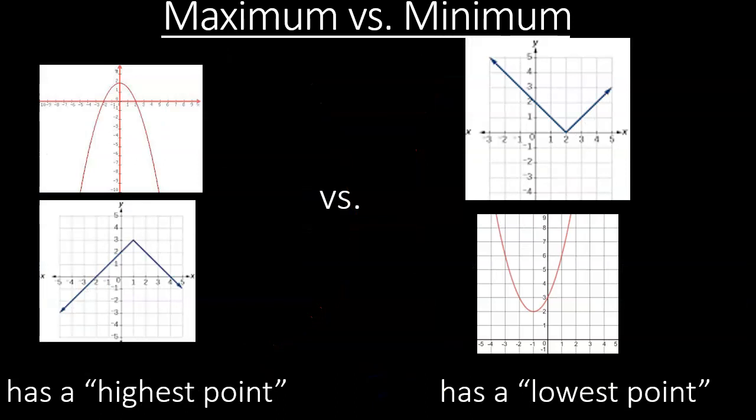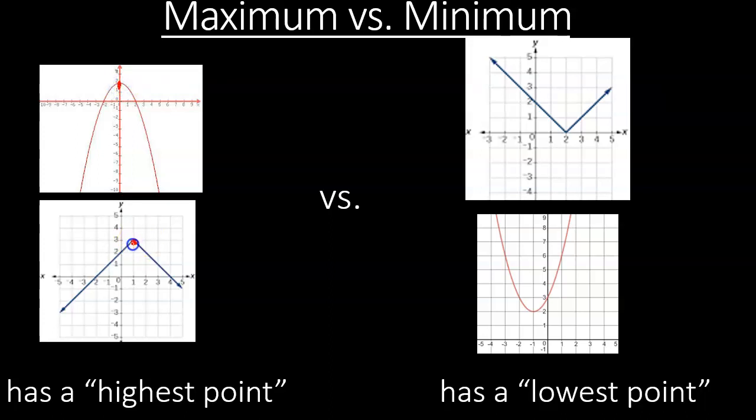All right, up next is maximum versus minimum, or it could also be a none. Okay, there are cases when it doesn't have a maximum or a minimum. So your maximum is your highest point on a graph. So these two examples on the left have maximums. This is the highest I can go on this graph.